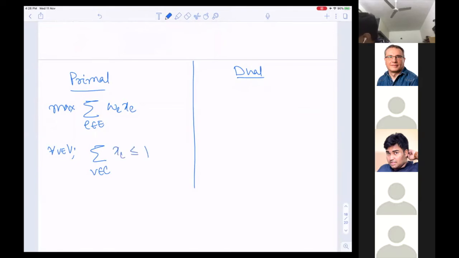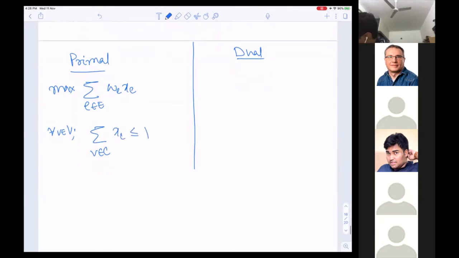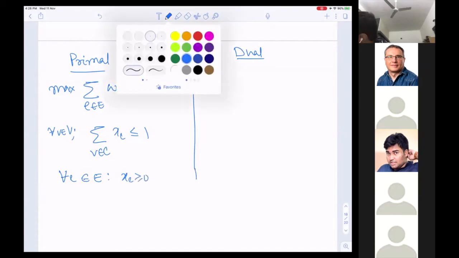So for every edge, I have a variable, and for every e in edges, xe is greater than or equal to 0. So what is its dual LP?